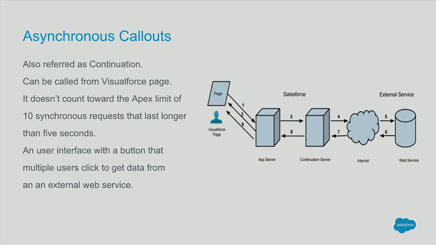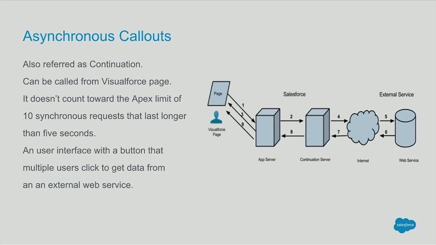Let's say you're in a company which needs to verify product warranty information. You have 500 users who are getting calls asking about warranty information. So there's a possibility that at any given time, there are at least 500 people trying to click on a button to verify your product warranty. In a regular callout, you'd run into a governor limit because you're restricted to only certain transactions in that set of time.